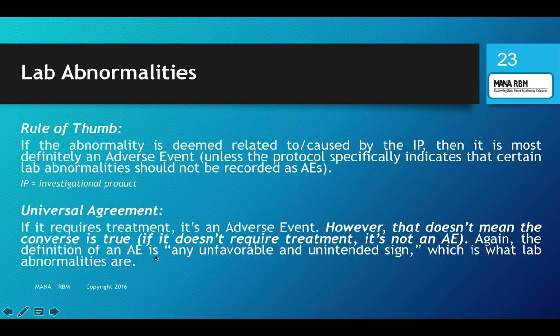In the definition of an AE, it's any unfavorable and unintended sign, which is what that lab abnormality is. So remember, anytime you see clinically significant, you know that's an AE. But for not clinically significant, if it's abnormal, you need to have an index of suspicion, and it is absolutely reasonable for you to query that, knowing what you do about the ICH E6 guidelines.